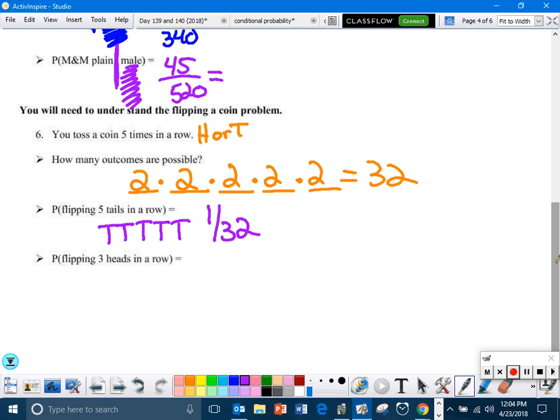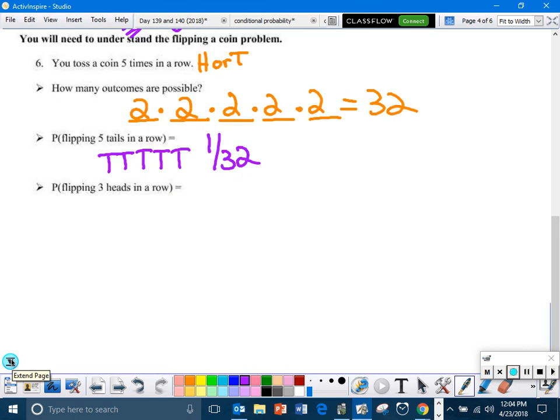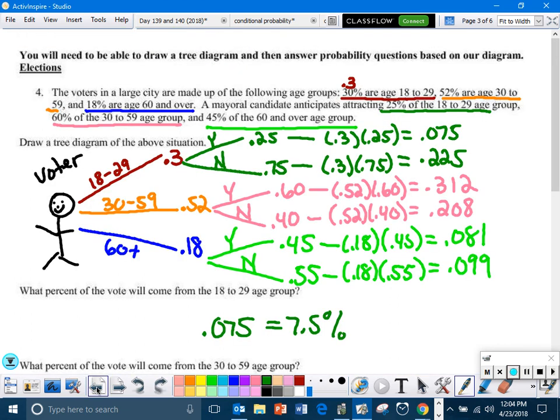Now the next one, we're going to have to list them, and it's not that bad. We're not going to list out all 32. We're just going to list out the situation that's given. Flipping 3 heads in a row. Well, that could be heads, heads, heads, then tails, and then heads again, right? That's 3 in a row. Or you could just do 3 in a row, not 4 in a row, just 3 in a row.